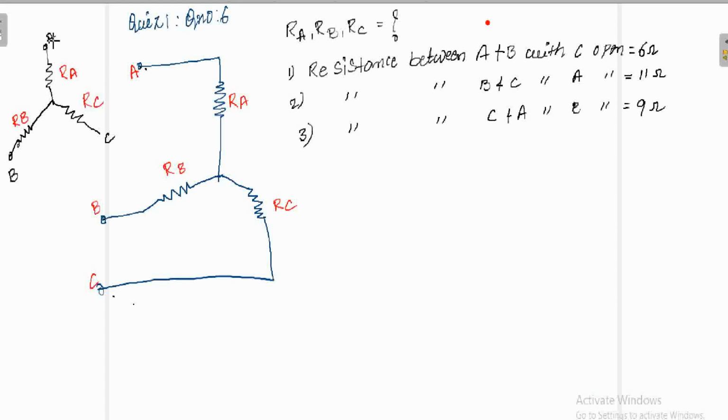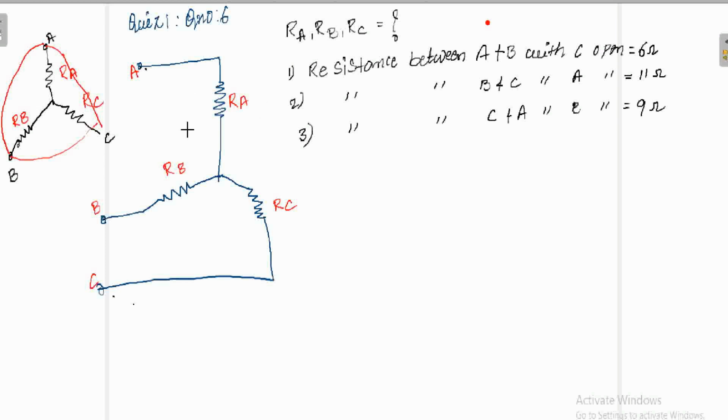So in the question they have given the resistance between A and B with C open, B and C with A open, and A and C with B open. Here there is a trick. By studying these three statements, we might think they have given a delta, but it is not the case. It is not a case of star to delta conversion or delta to star conversion.